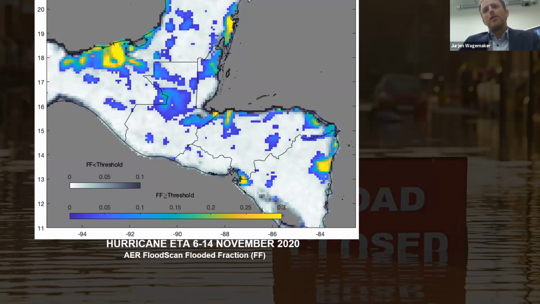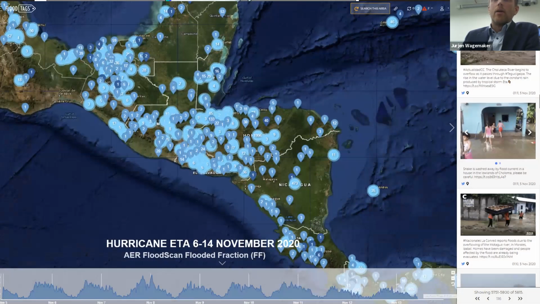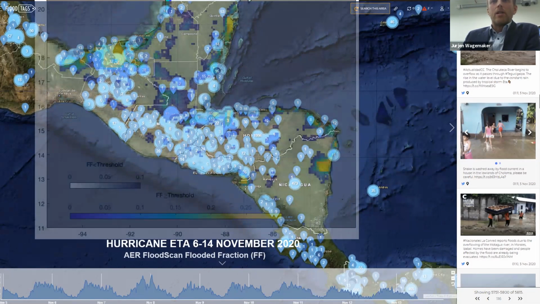This is an image that I received from John Galantovich on Hurricane Eta. It's based on SAR images, flood depths, and what I always like to do is see what happens if you look at the same window with flood observations. And here we have it a little bit mixed, and you see that there's a lot of overlap.